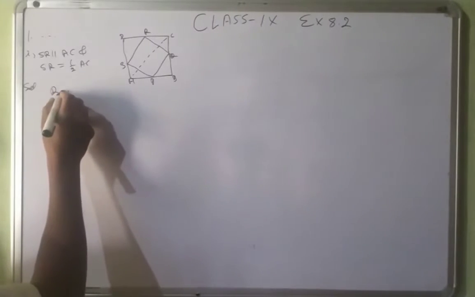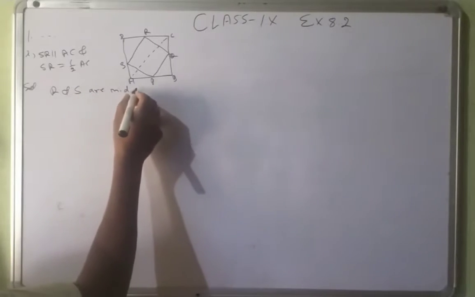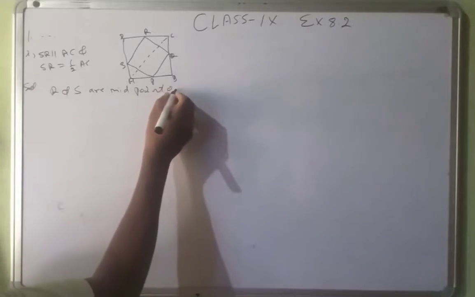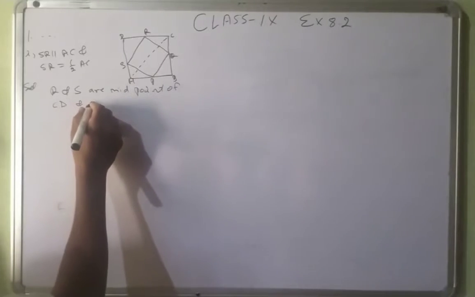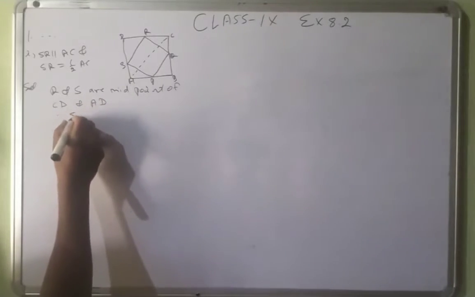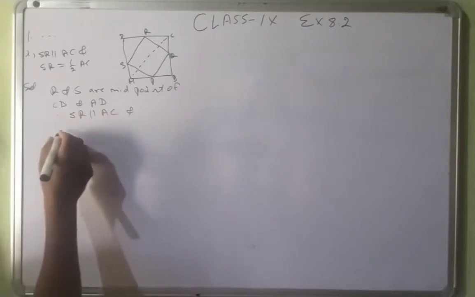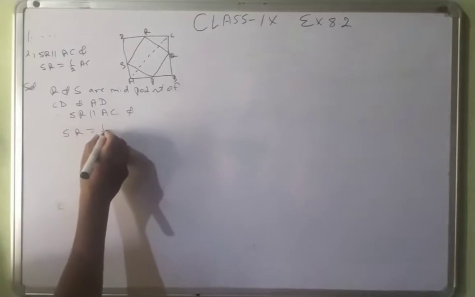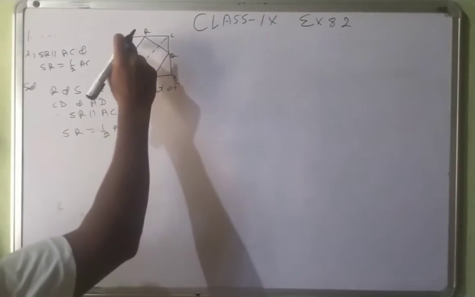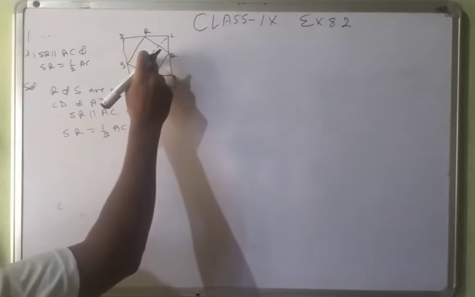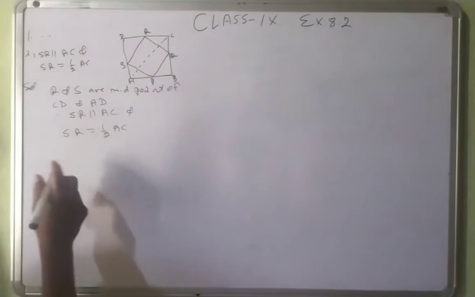R and S are midpoints of CD and AD. So SR is parallel to AC and SR is equal to half of AC, because these two points are the midpoints of sides of this triangle. So these two will be parallel, and equal to half of this one. So SR is equal to half of AC.